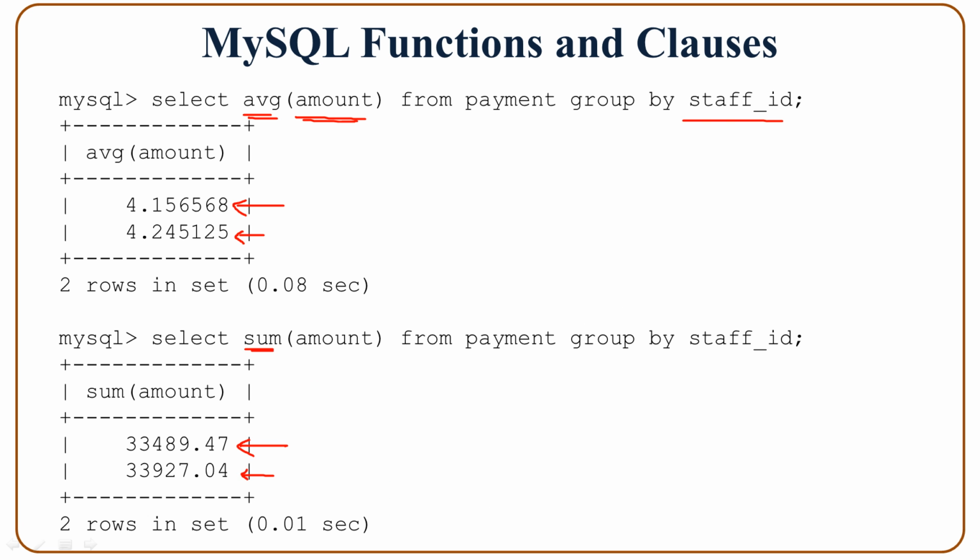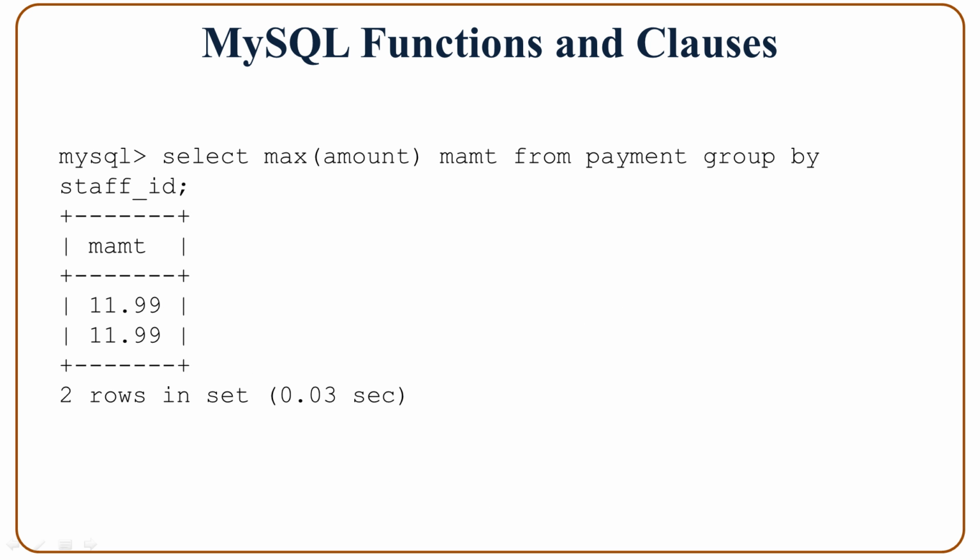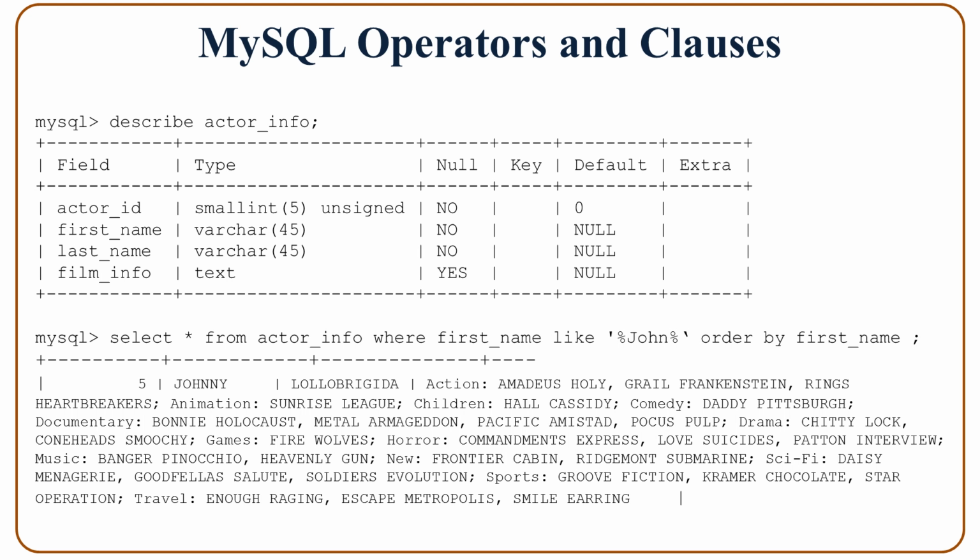There are so many SQL operators. Here I give you some examples. If you want to select a number of records that meet some conditions, here is an example using like. The condition is first name like, and then inside the single quotes you have the string that you want to search for between the percent signs.